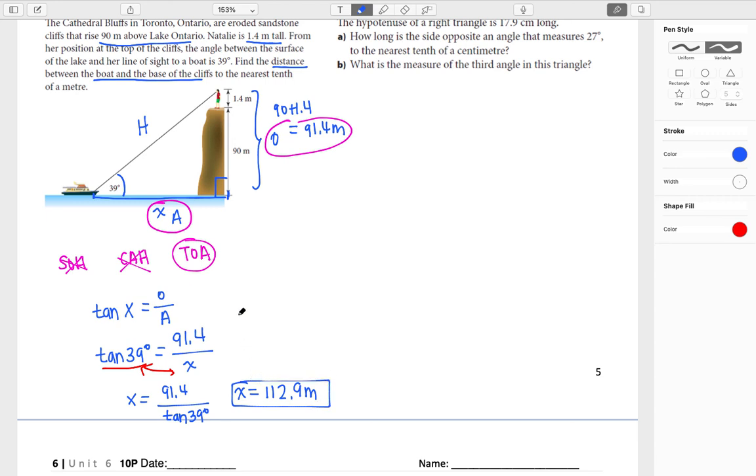Because it's a word problem, make sure you end with a sentence. Therefore, the boat and the cliff is 112.9 meter far from each other.